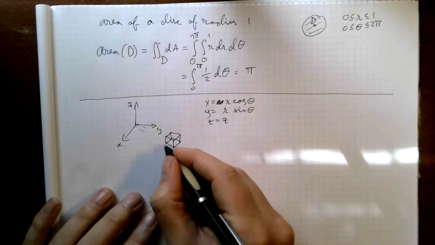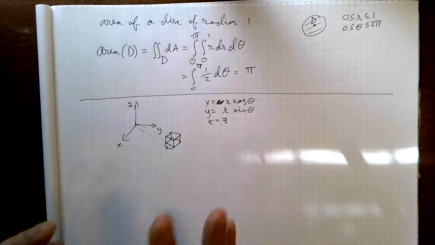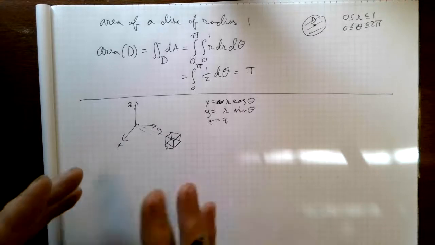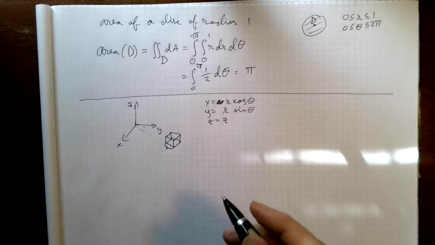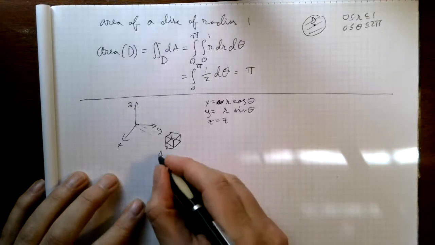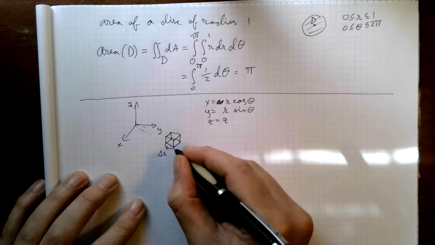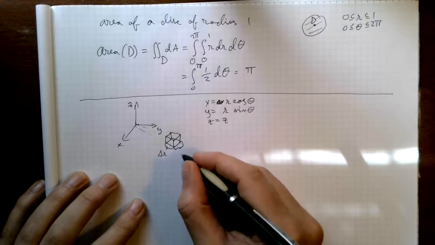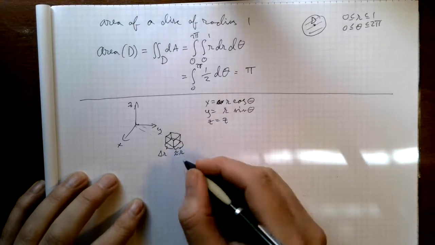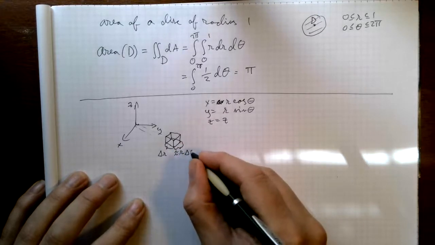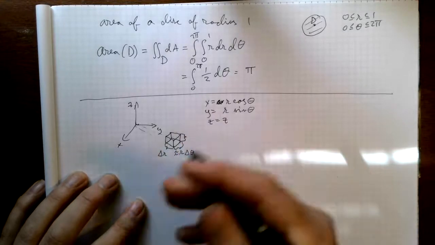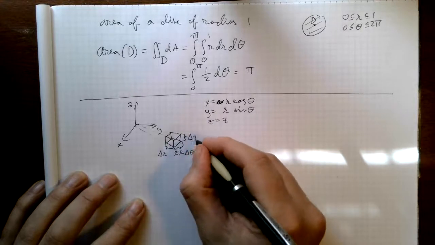And over here, this is again almost a box, right? Not quite, but almost a box. This is my delta r. This side is, approximately, r delta theta, and this side is exactly the delta z, right?